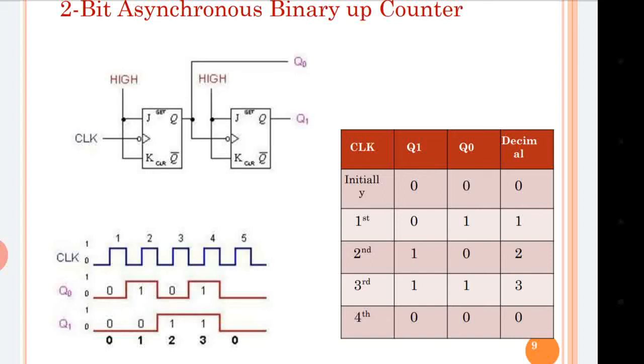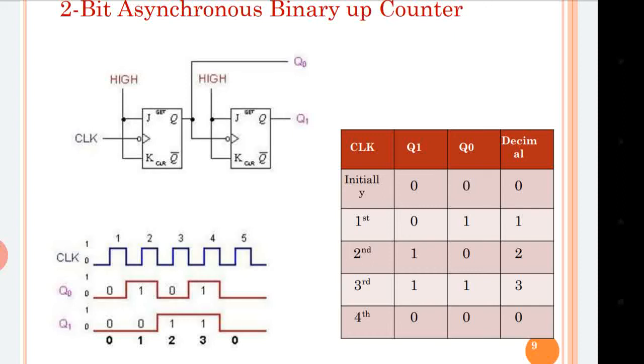So for the first falling edge only Q0 is toggling. You will observe the second row in the truth table, that is initially both are 0 0, and for the first falling edge of the clock, Q0 is changing from 0 to 1. But what about Q1? It will remain unchanged because the clock is not yet received. That's why the output is 0 1 and the decimal equivalent is 1.